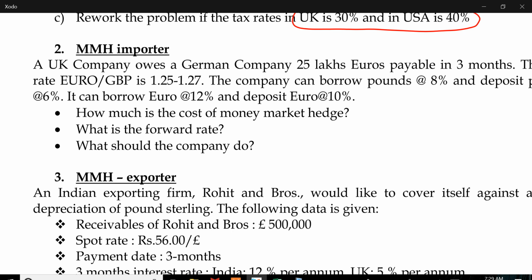If they think it is 1.26, that is a higher rate. If they think it is 1.26, should we do MMH or not? If they have an expectation of 1.26, think logically and let me know. They think that will be 1.26, so should I do MMH or keep it open? If I do MMH, it's 1.2561.